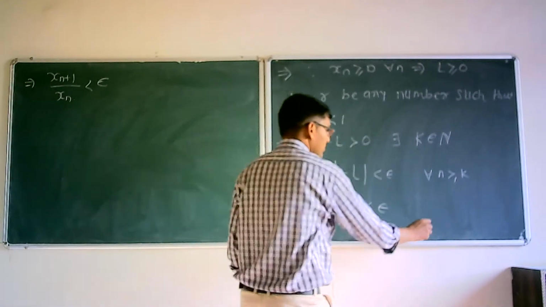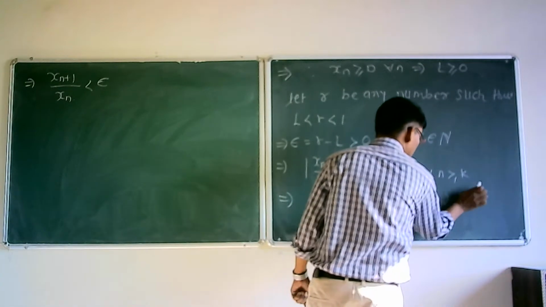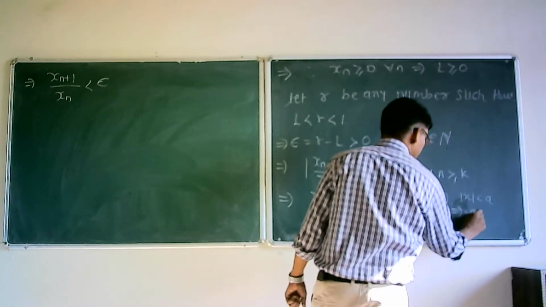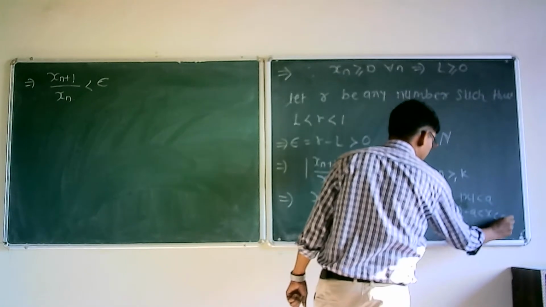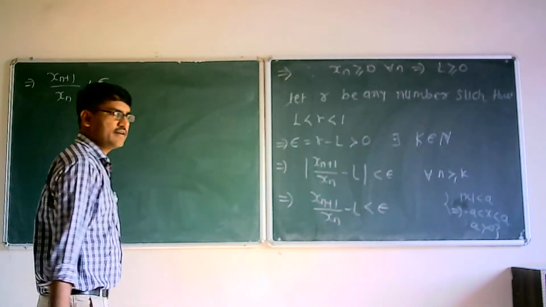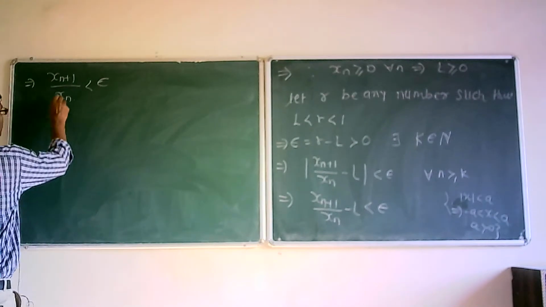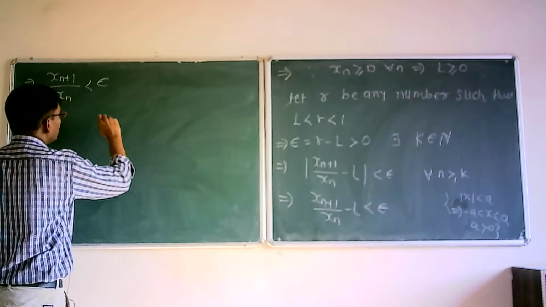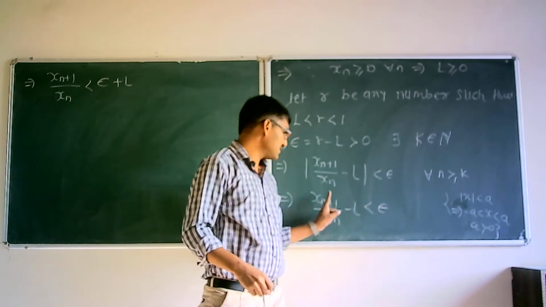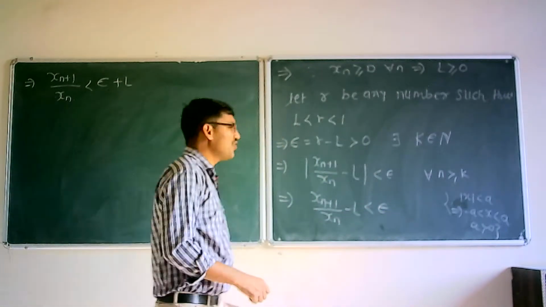If mod of x is less than a, then minus a is less than x less than a if a is greater than 0. But what is epsilon plus L? If we take this L to this side, then xn plus 1 upon xn is less than epsilon plus L.